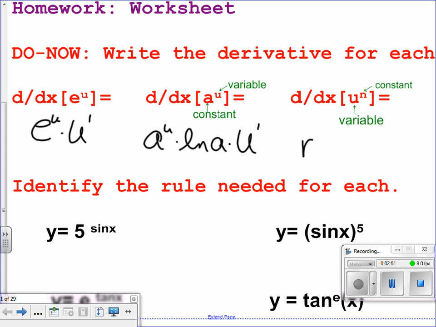This is like u cubed. Like this n is a constant. I want you to have a second to get back on this. Good. There you go.